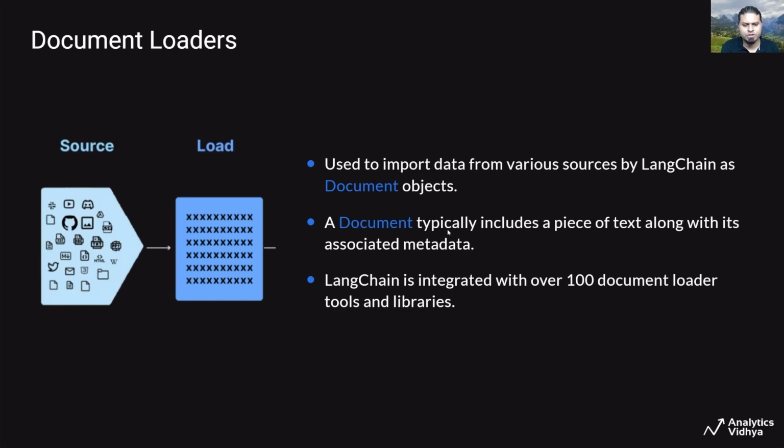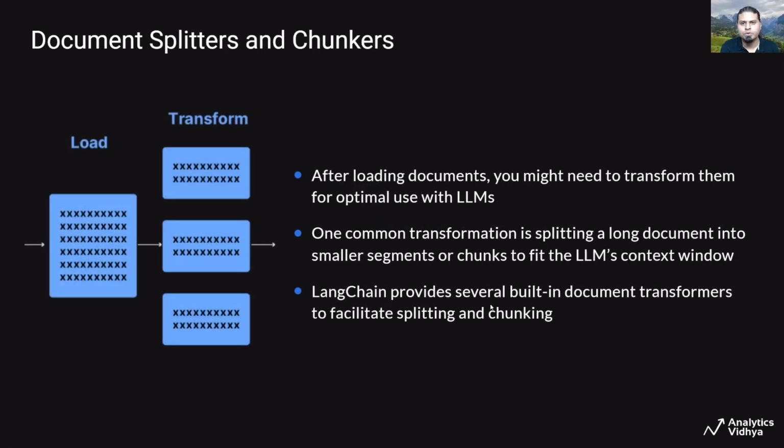A document object typically includes the text content along with relevant metadata, which could be like the name of the file from which we got the data, a page number, the author, and so on. Now, LangChain is integrated with over 100 document loader tools and libraries, which includes third-party tools and libraries to load documents of various formats.